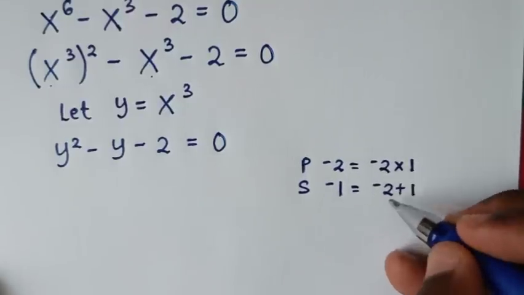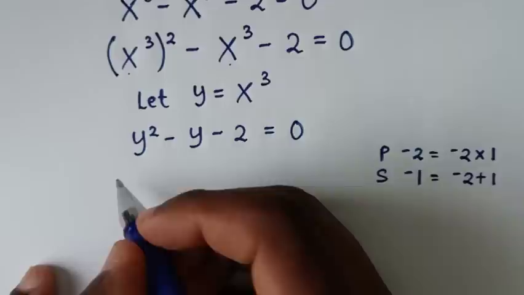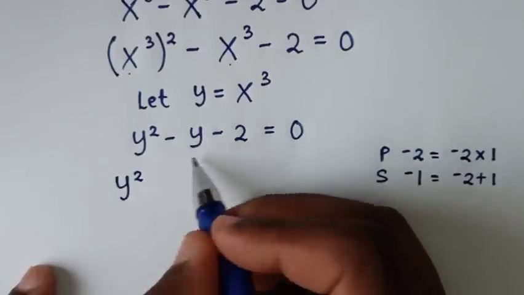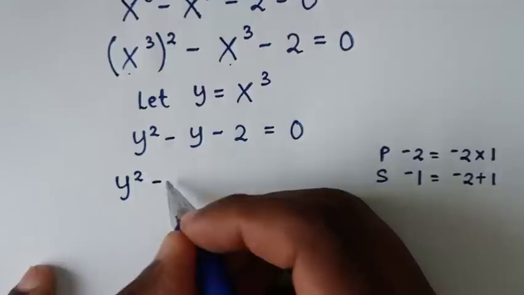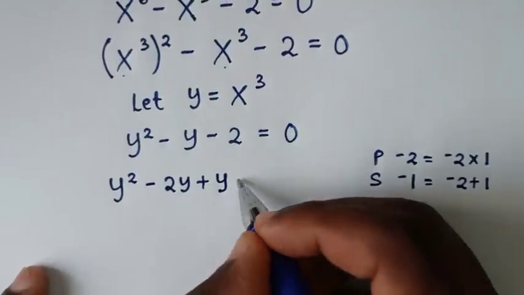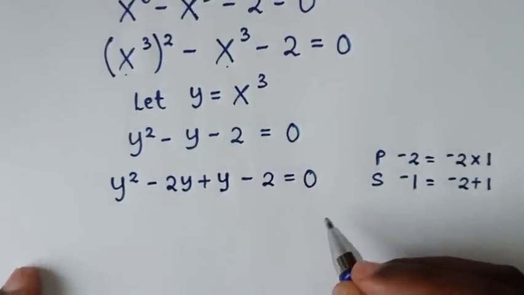So we'll use negative 2 and 1. Now we split: y^2 minus y is the same as y^2 minus 2y plus y, then minus 2 is equal to 0.